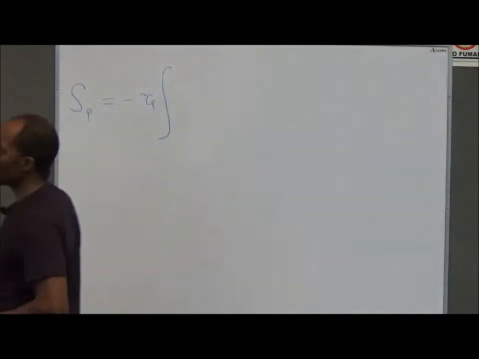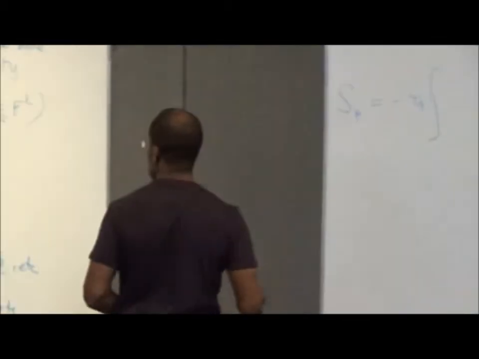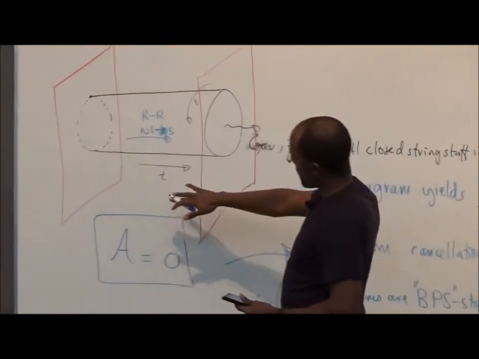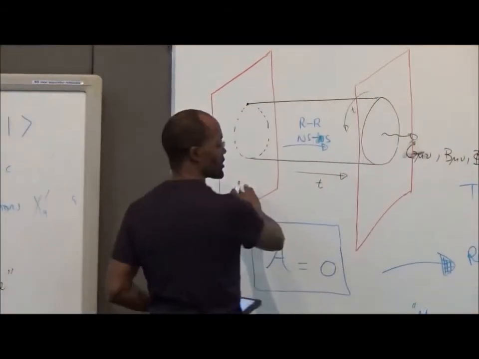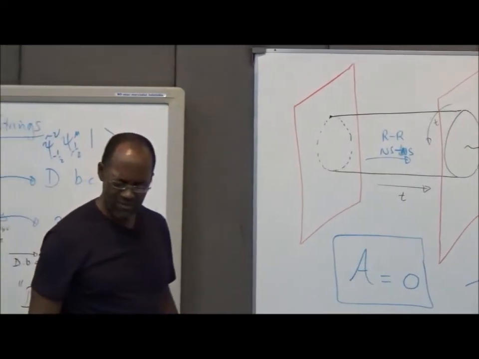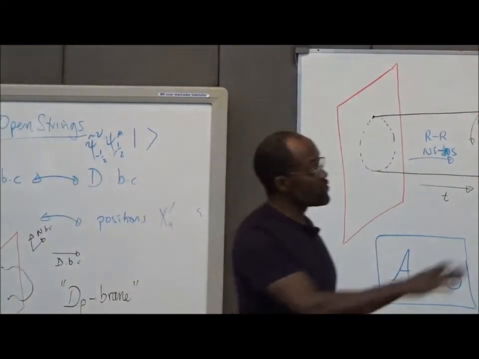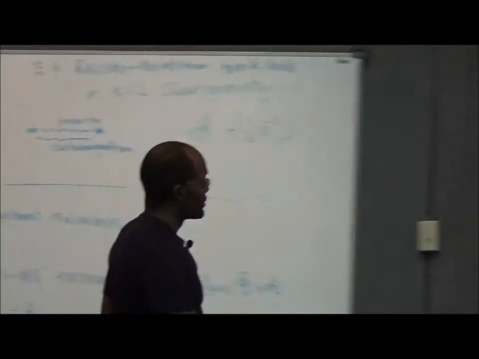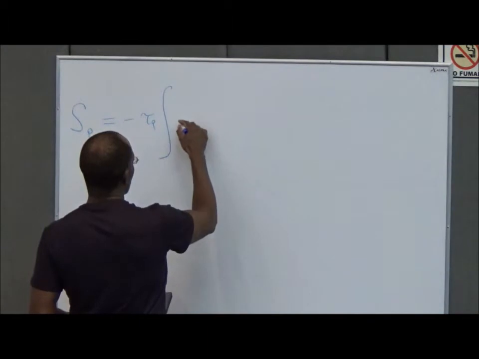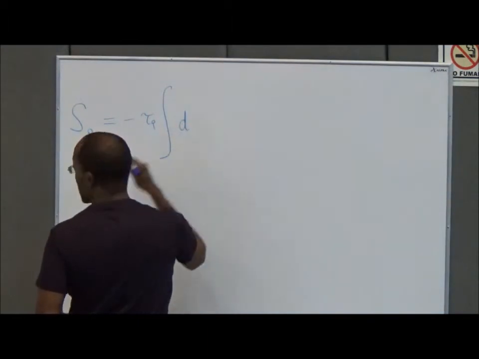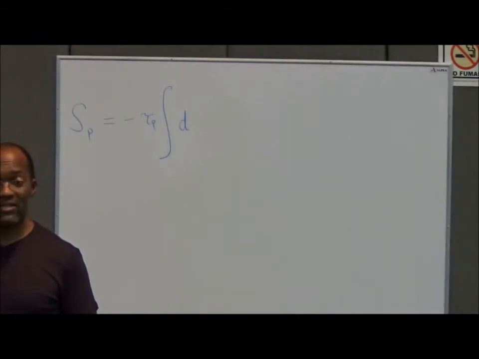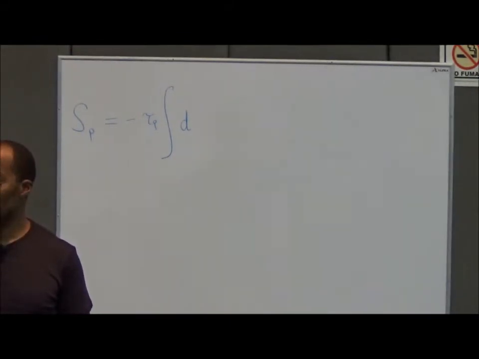So here's the D-brane. It has some p plus one-dimensional world volume. Not action, world volume. And so I should have an integral over such a thing. I could give it some world volume coordinates, just in the same way that I gave the string some world volume coordinates, tau and sigma.